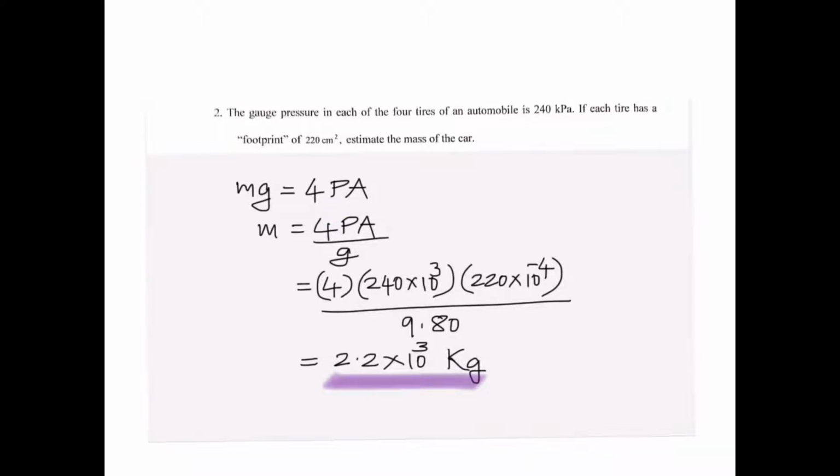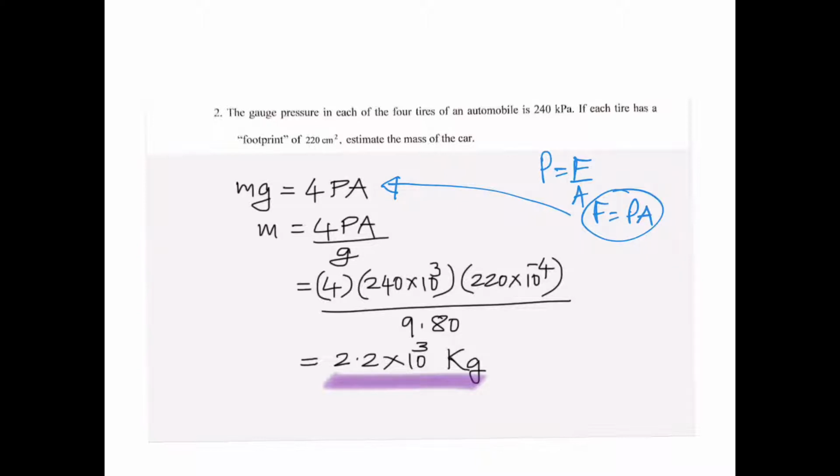Remember, pressure is force by area. Therefore, force is going to be pressure multiplied by area. So that's why you have pressure times area. But there are 4 tires, so the weight is balanced by the force in the 4 tires.